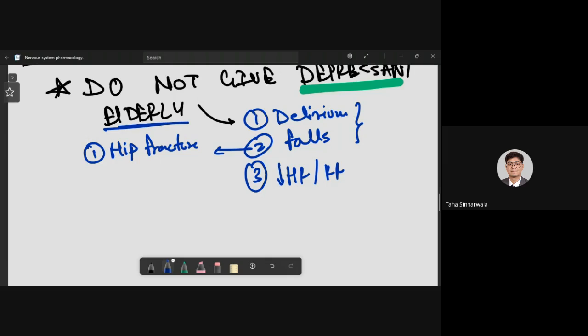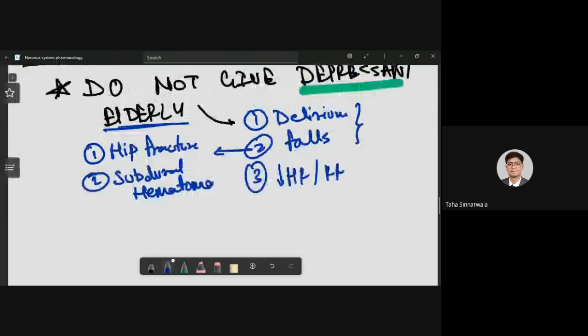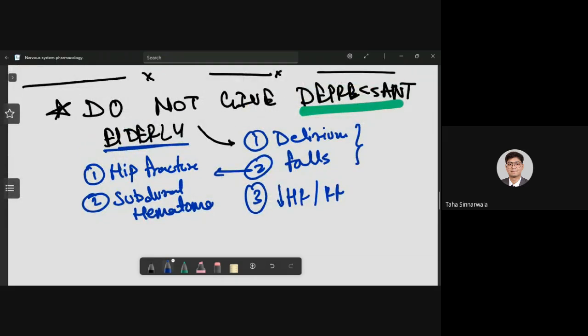With a hip fracture, the patient wouldn't be able to walk very well. The patient would be in a wheelchair, but still survived. The more severe one would be a subdural hematoma. So that is why you don't want to give depressants to elderly patients.